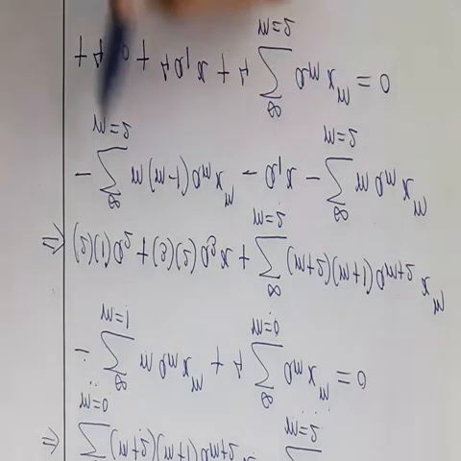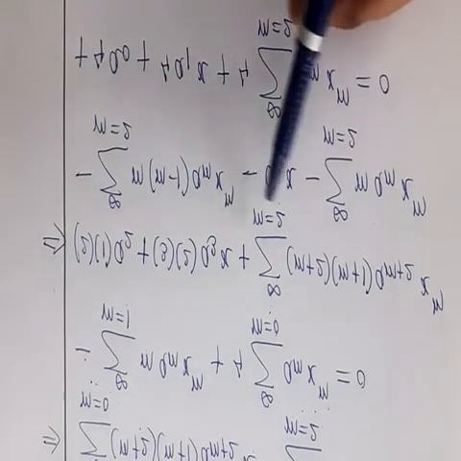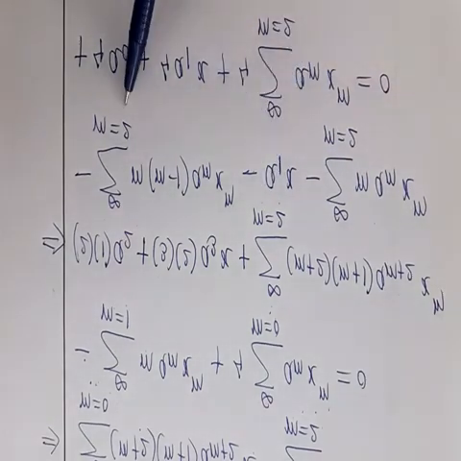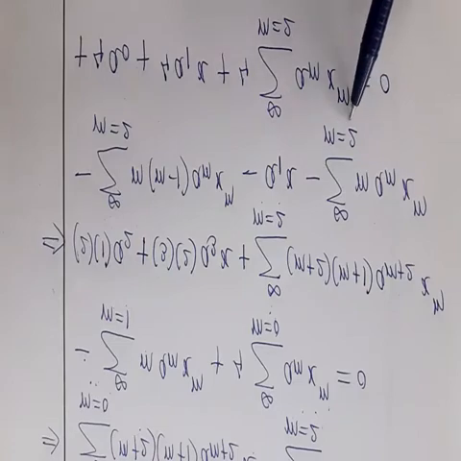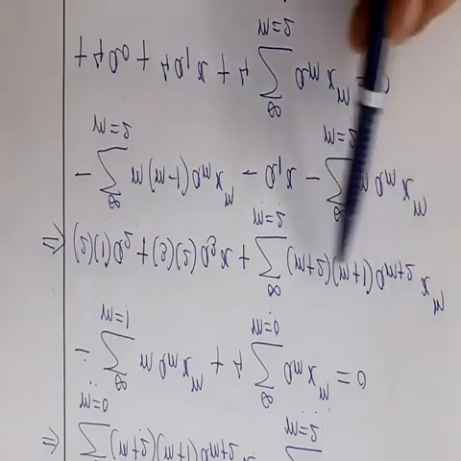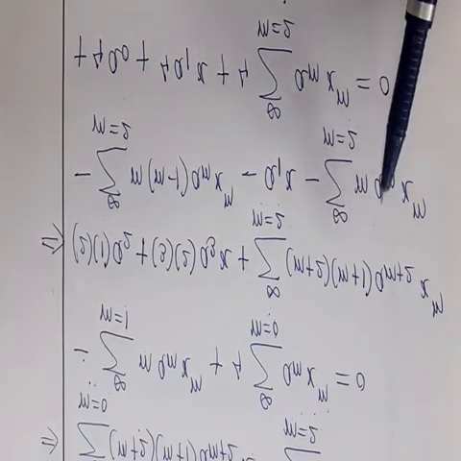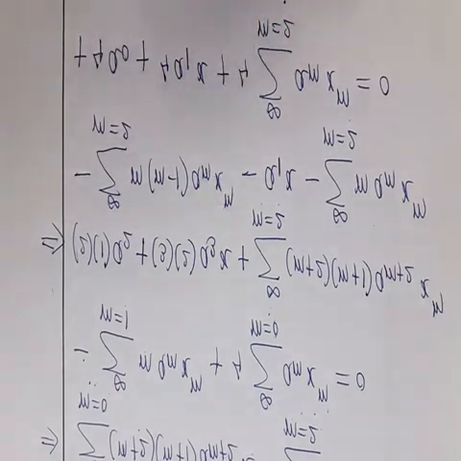Now we combine all the terms. The first summation starts from 2, the second also from 2, the third also from 2, and the fourth also from 2. So we can combine all these summations in one bracket, and we can combine the constants also.